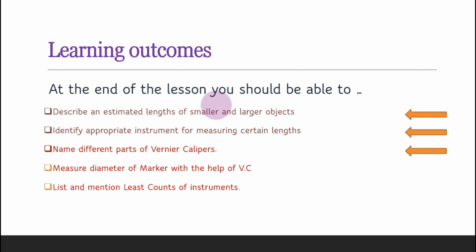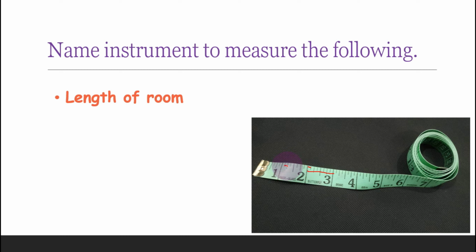These marks 1, 2, 3, 4 and so on show centimeters, while the smaller marks are millimeters. So the smallest reading which we can take on this is 1 millimeter, and that is why we say that the least count of this is 1 millimeter, meaning the least possible value which we can measure on it is a millimeter.